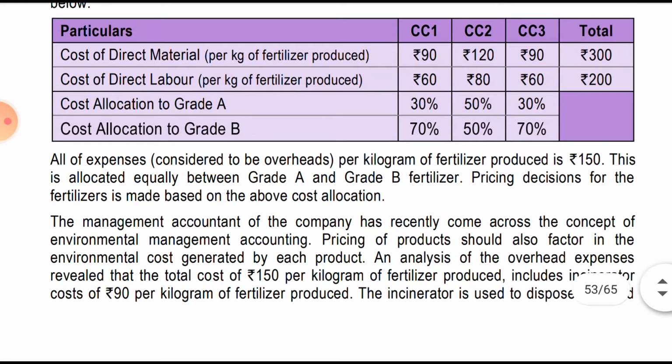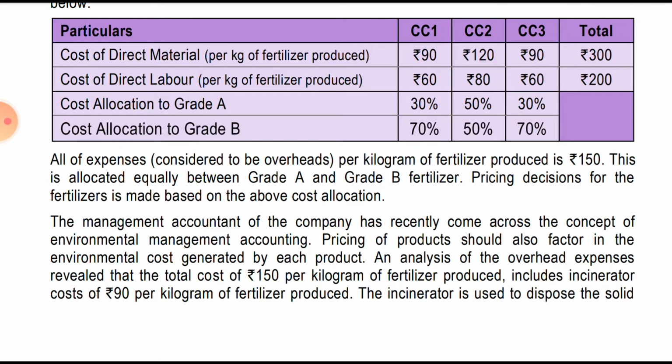All the expenses considered to be overhead per kilogram of fertilizer produced is 150. This is allocated equally between the grade A and grade B fertilizer. This 150 is in addition to the material and labor.